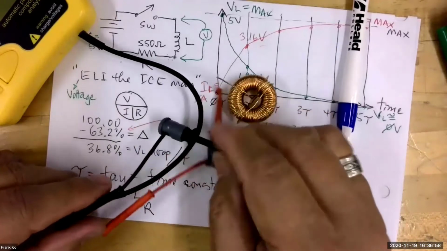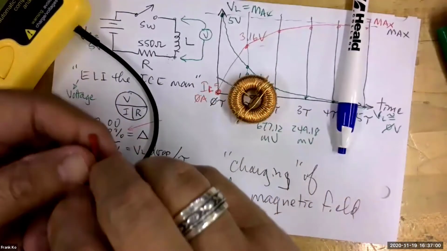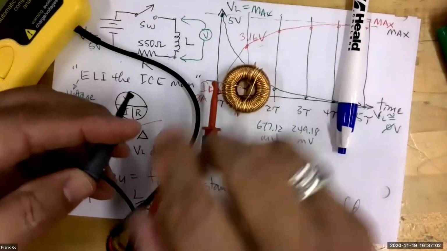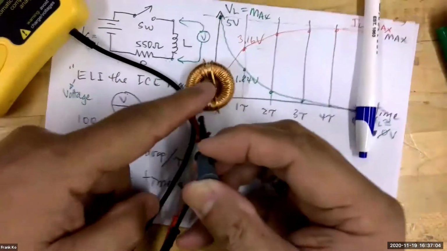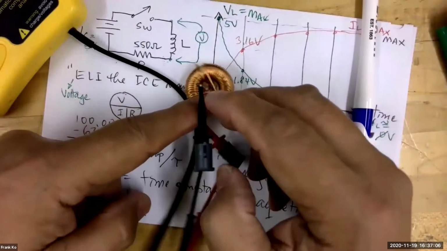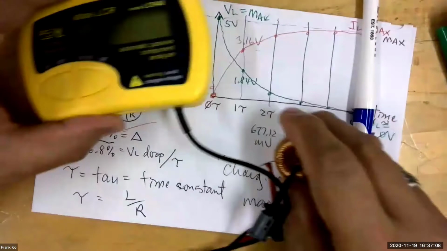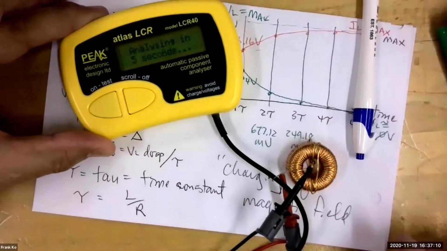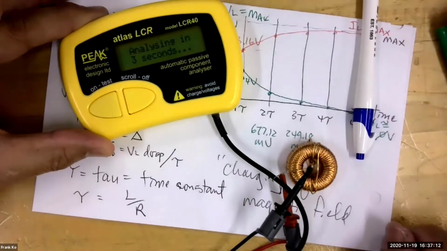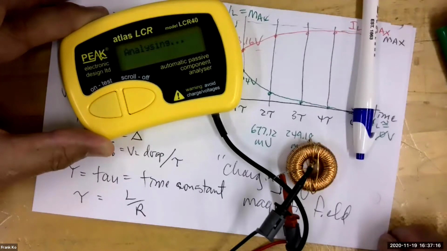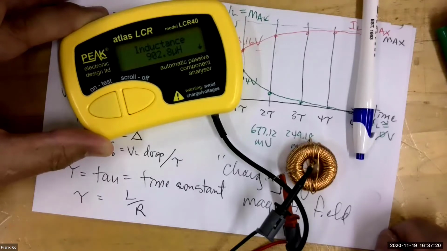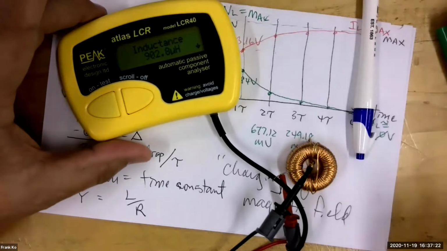So go ahead and hook up to there, and let's go ahead and hook up to here and do the analysis. We're going to use this number in a second. And it says the winner is 902.8 microhenries.